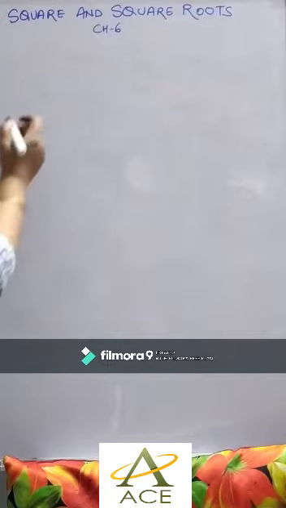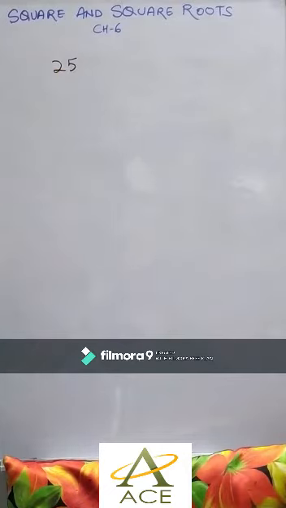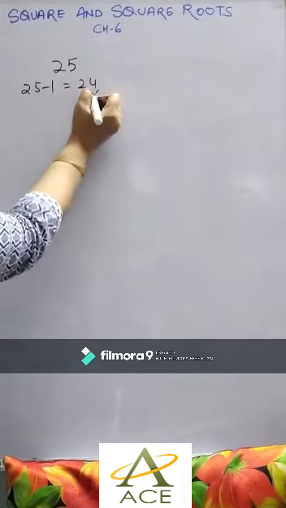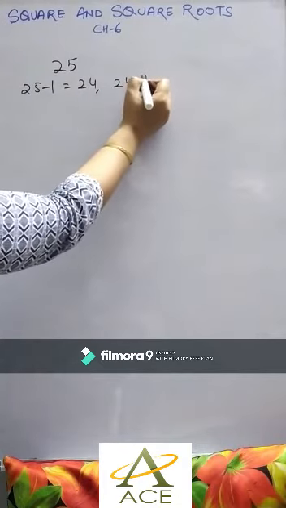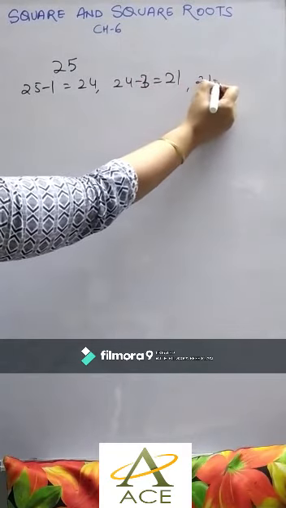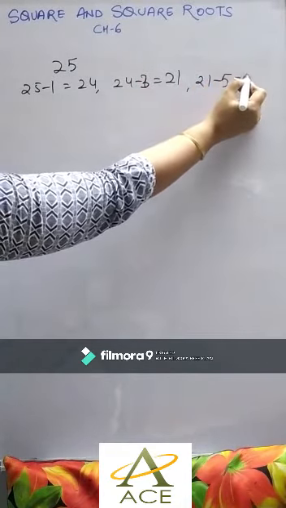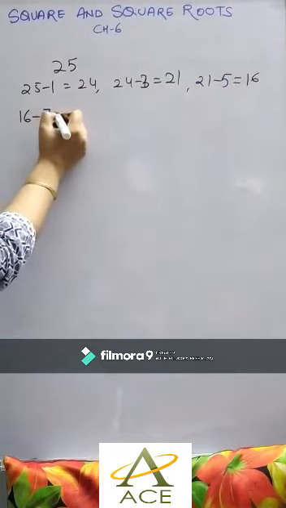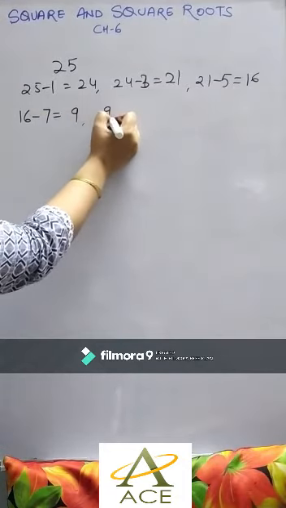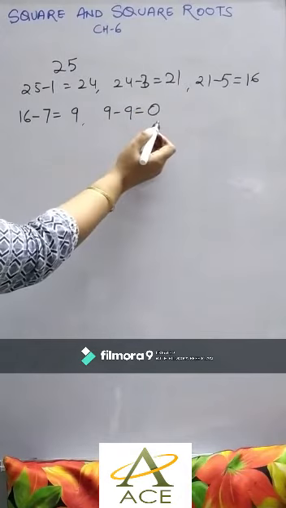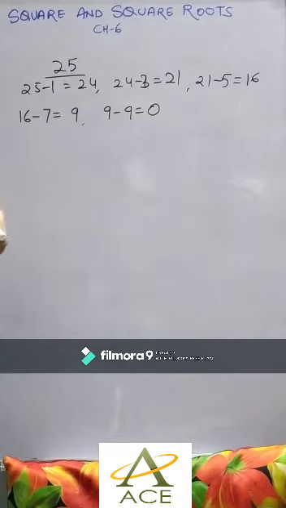For example, take the number 25 and start subtracting the odd numbers from it, like 25 minus 1 equals to 24, 24 minus 3 equals to 21, 21 minus 5 equals to 16, 16 minus 7 equals to 9, and 9 minus 9 equals to 0. If we are able to subtract like this, that means this number is a perfect square.